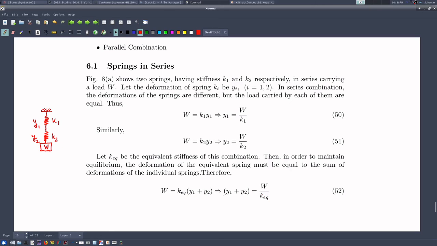Now let us put the values of Y1 and Y2 from the earlier equations.